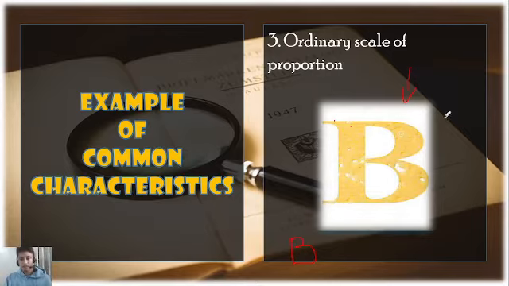So ganun din po yung sa ibang letters. Merong binabago. Or in other words, to show proportion, scale of proportion. Kaya meron din yung linya-linya during our childhood days for us to follow proportion, for us to observe that the letters that we are writing should be in proportion.